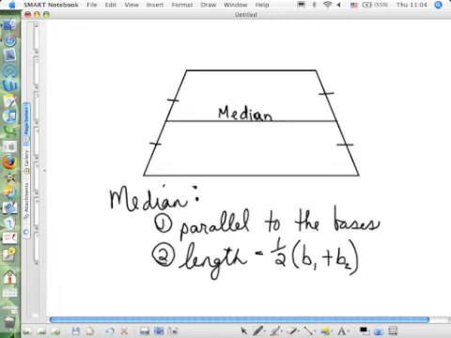Could you have a trapezoid where the bigger side is the top and it goes further out and goes down like that? Okay, yes, that's a good question. A trapezoid does not always have to be sitting on its bases. For instance, oops. That's not what I meant to do.